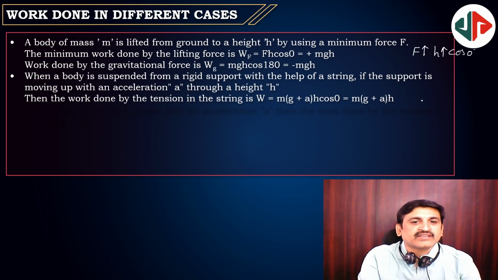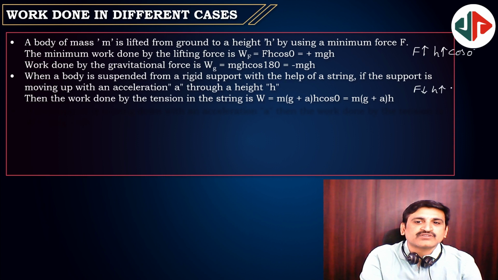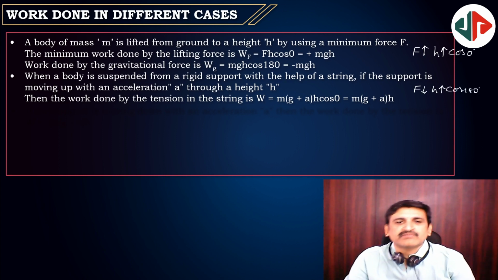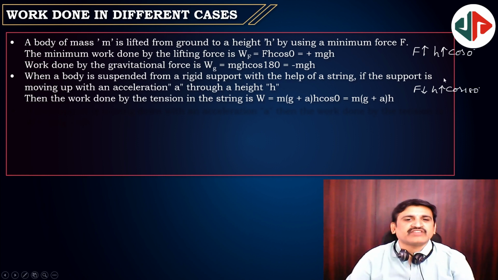Work done by gravity: gravitational force is downwards, displacement h is upwards, so we need to take cos 180 degrees. So negative work is done by gravity, and positive work by the lifting force.